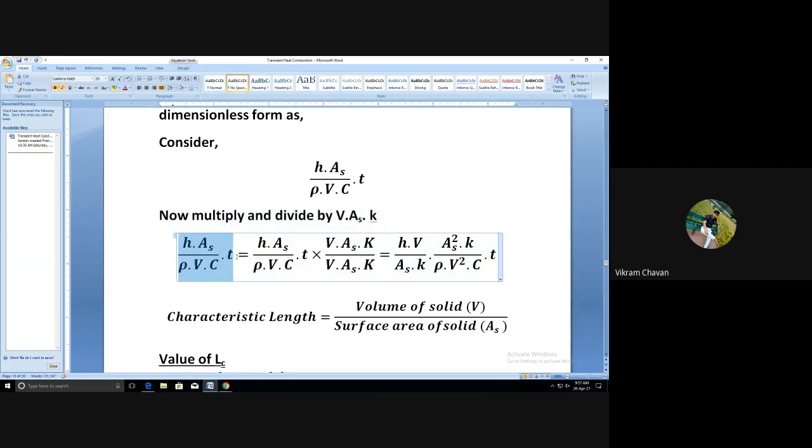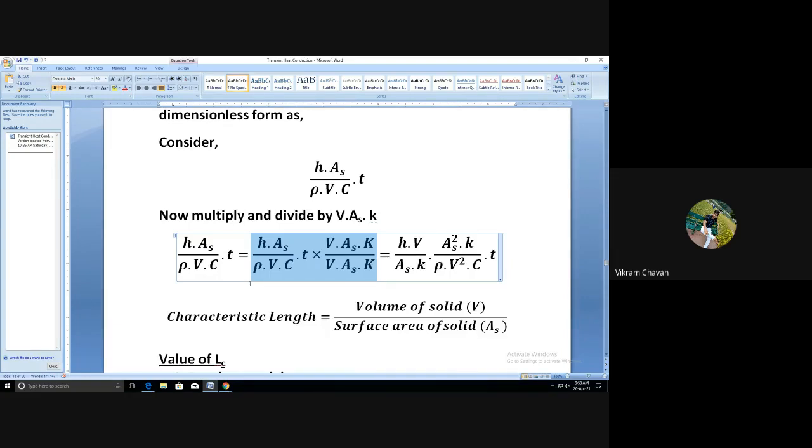So this is our initial term, h multiplied by a suffix s divided by rho vc multiplied by t, which is equal to multiply and divide by v multiplied by a suffix s multiplied by k.